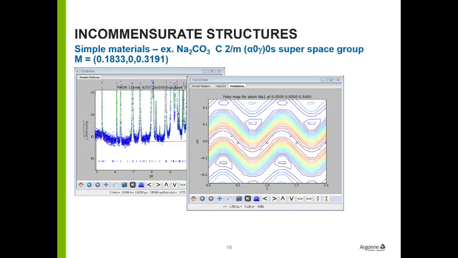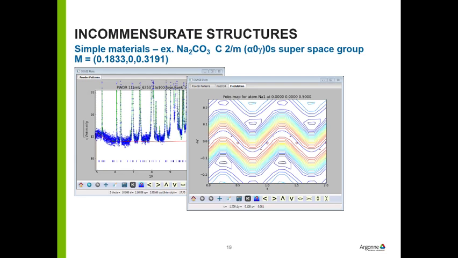Incommensurate structures. You might say, well, what the heck is that? Well, most crystal structures, the reciprocal lattice points are in the places that you would expect them on the basis of the size of the unit cell. Some things, and what's shocking about all this is how simple some things are. This is sodium carbonate, and this is a sample.